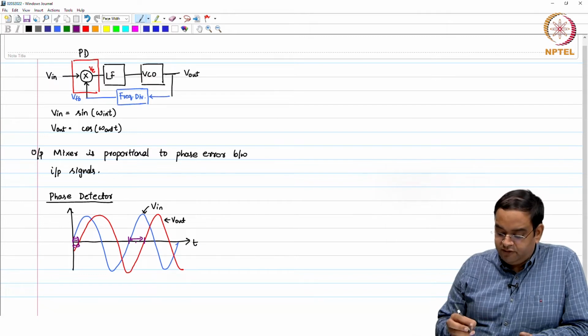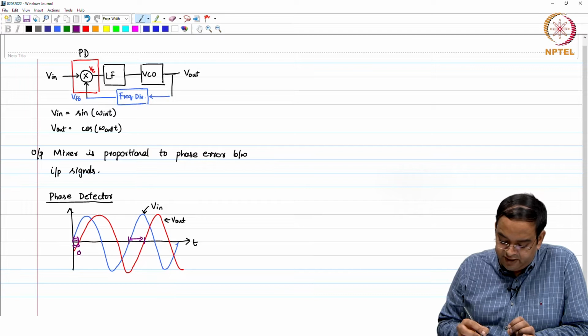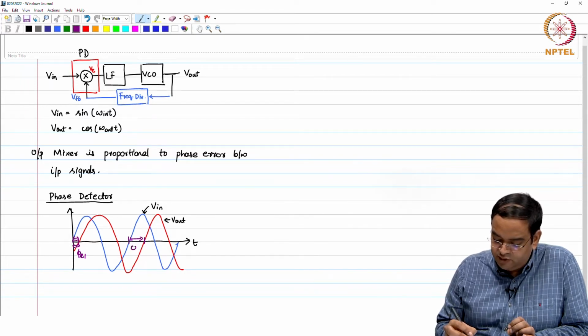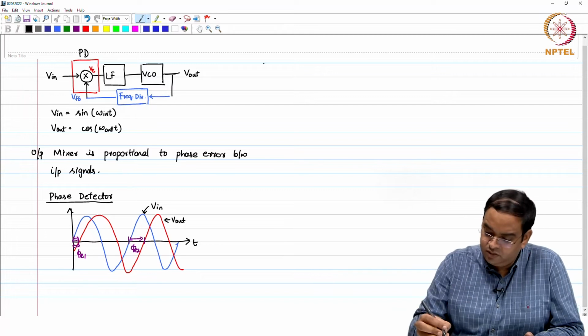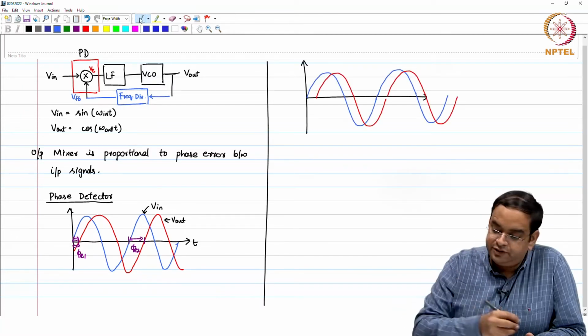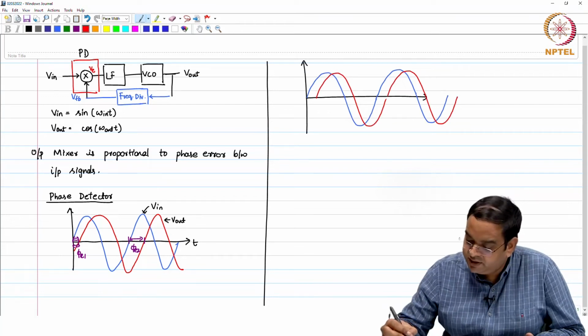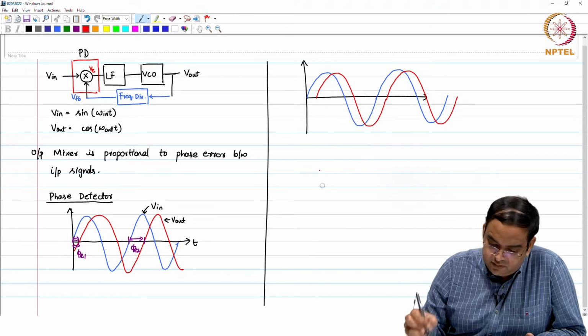If the frequencies of the two signals are the same, then this phase error phi E1 which is here, and phi E2, should both be the same. It does not appear to be the same here, so let me show you a much cleaner waveform. In this case, I will just extend these two sine waves.